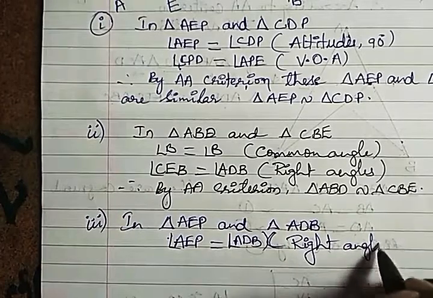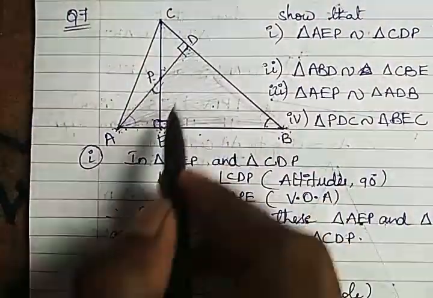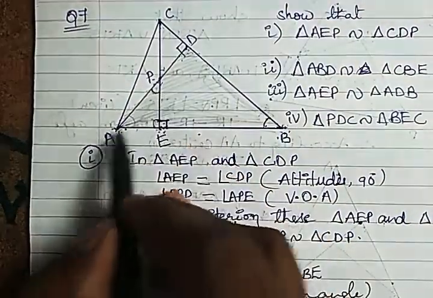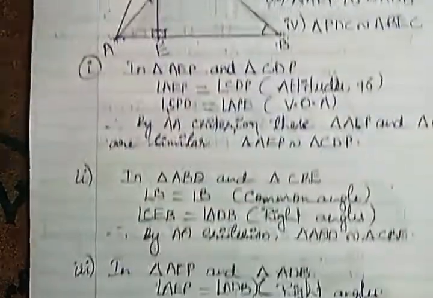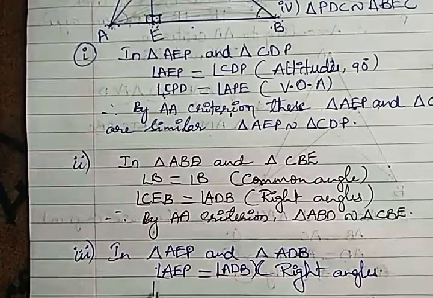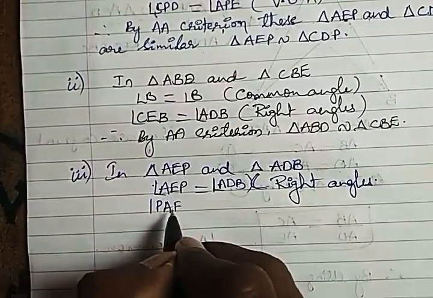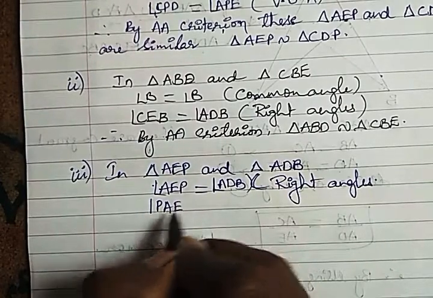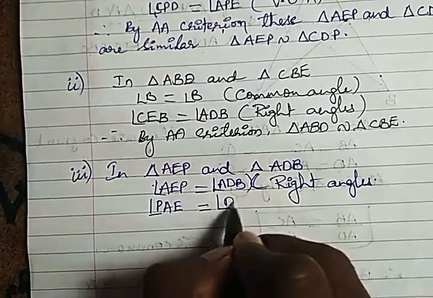They are right angles. Second, angle A is common in both the triangles. That we need to write as PAE in the smaller triangle, DAB in the bigger triangle. So we'll write here angle PAE is equal to angle DAB.